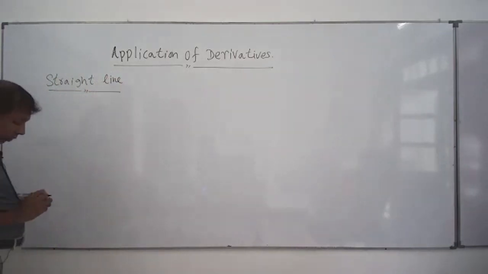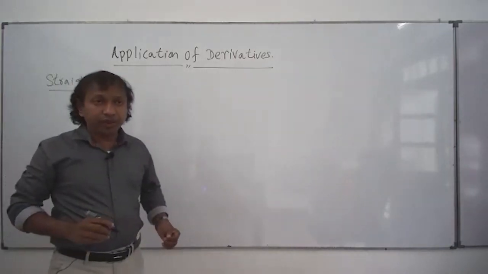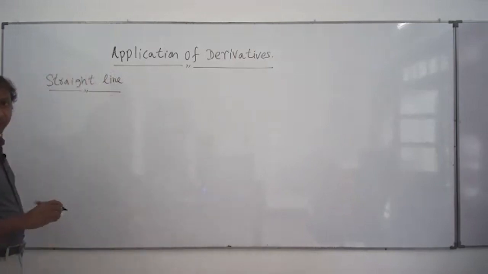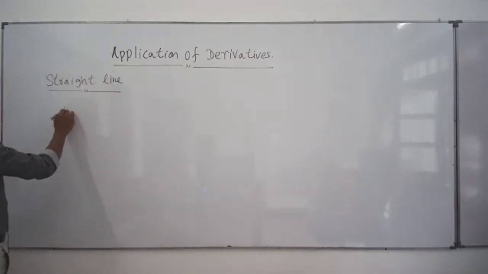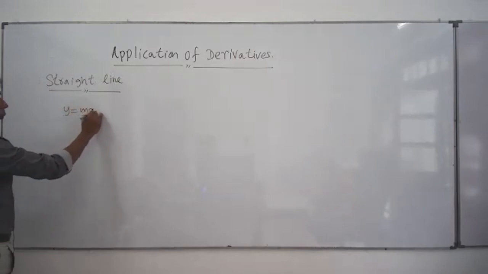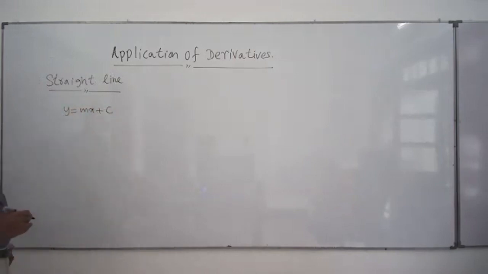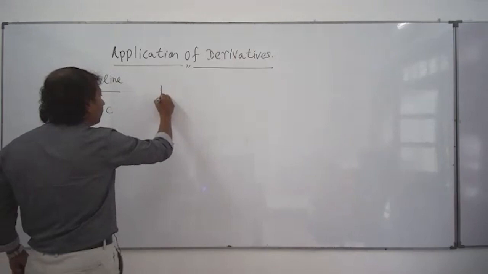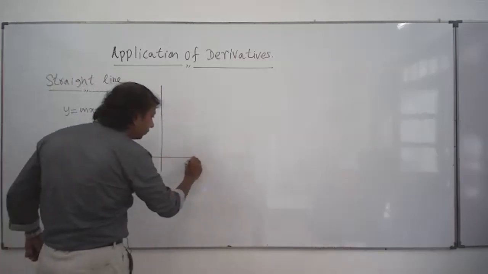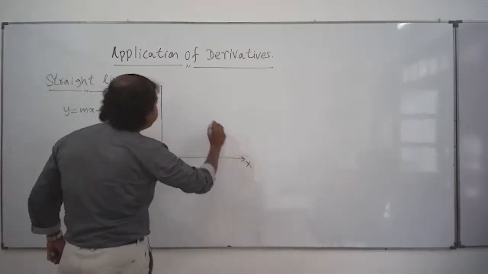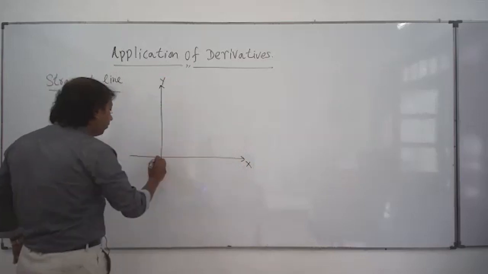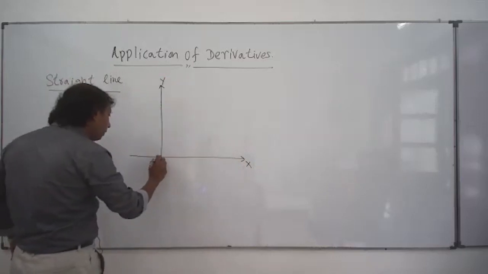Now, we define the standard equation of the straight line, people, like this: y equals mx plus c. When we draw the straight line, suppose this is the straight line on the xy Cartesian coordinate plane. This is O, the origin.